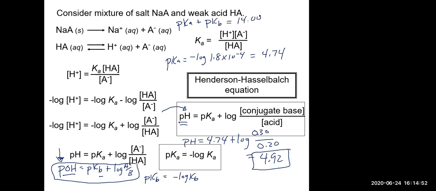Sometimes you may need a Ka or a Kb, and if you know the pKa or pKb value, you can find the other one because pKa plus pKb equals 14. That's a nice relationship that is sometimes used as well.